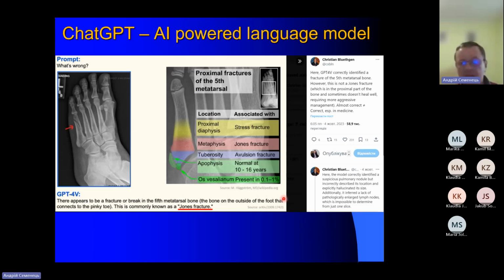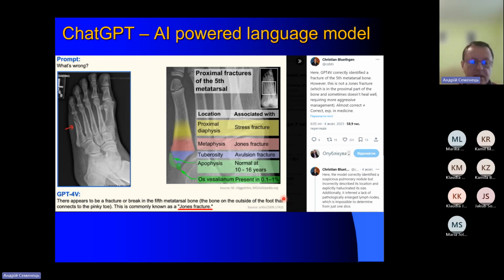And here is a recent example of how medical professionals try to evaluate the possibilities of using ChatGPT in medical diagnostics. So here is a live example I noticed recently, about a few months ago, of the application of ChatGPT to analyze medical images.